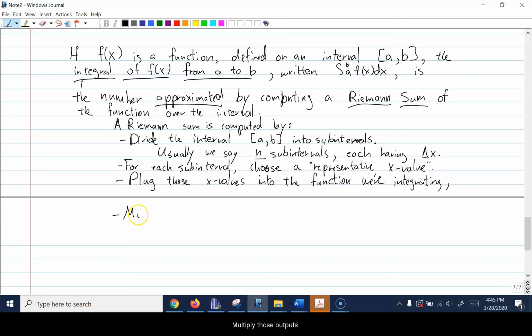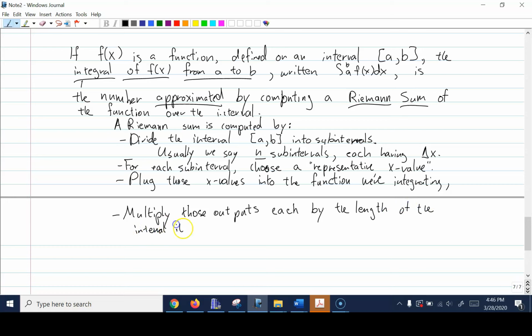Multiply those outputs each by the length of the interval it represented, and then add up those products.